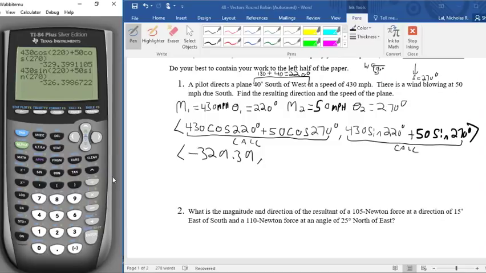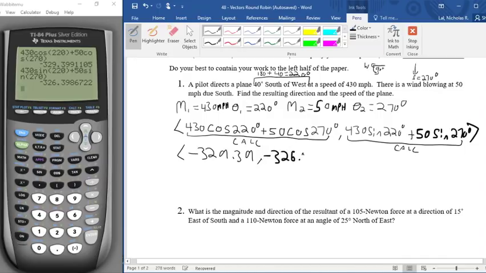That's going to be negative 326.39. Now that we have found our horizontal and vertical components, we need to find the magnitude and direction of the new vector. So this is our resultant vector in component form.